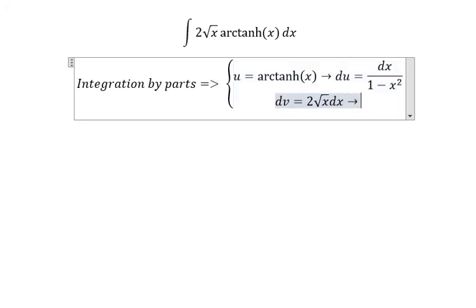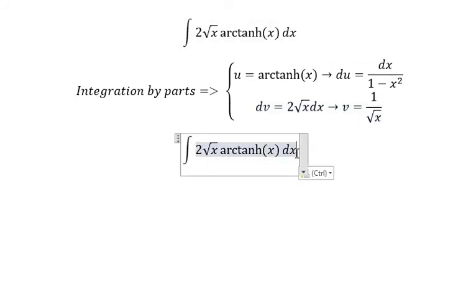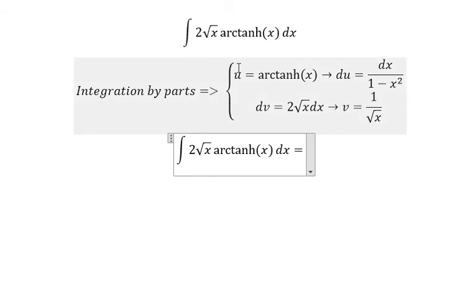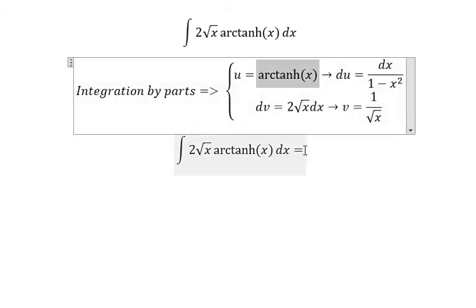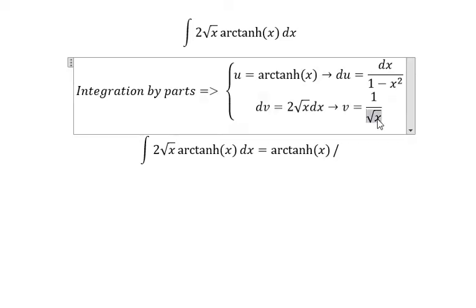So you will get v equal to 1 over the square root of s. Now we got u multiplied with v in here, so you got arctanh of s over the square root of s.